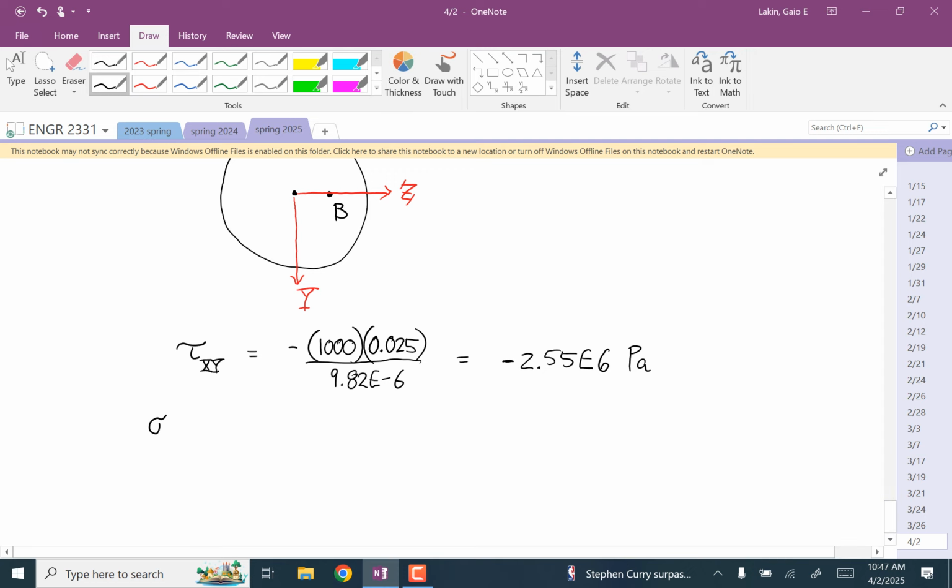So the stress tensor x, y, z, computer crash to slow us down, is equal to 0, negative 2.55, I'll do it in megapascals, 0, negative 2.55, 0, 0, 0, 0, 0.